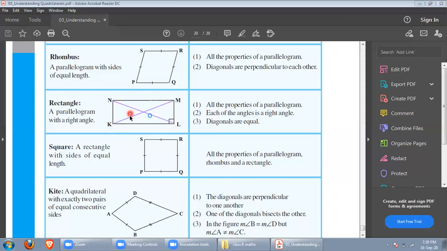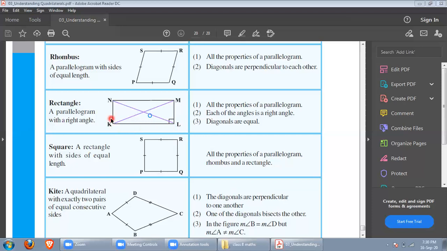Let us prove that these two triangles are congruent, one by one. NK is equal to ML because opposite sides are equal. KL of the first triangle and LK of the second triangle are common to both the triangles.